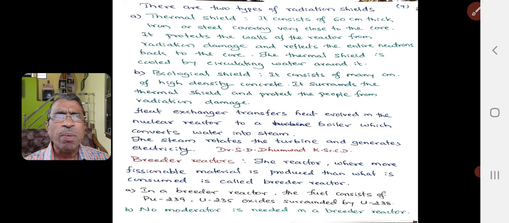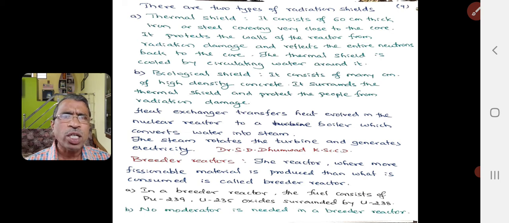The next one is the biological shield. The biological shield consists of many centimeters thick, high density concrete walls. It surrounds the thermal shield and protects the people from radiation damage.